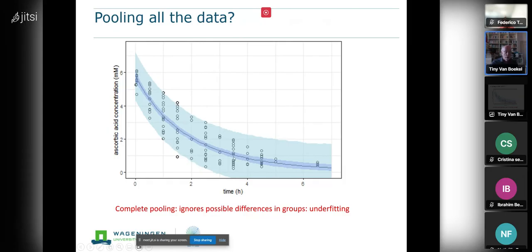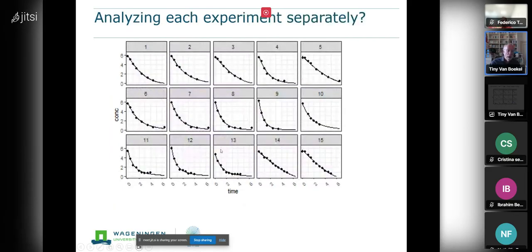They are just different experiments. And if you neglect that, if you do not acknowledge that there may be small differences between the groups, then you are what is called underfitting.